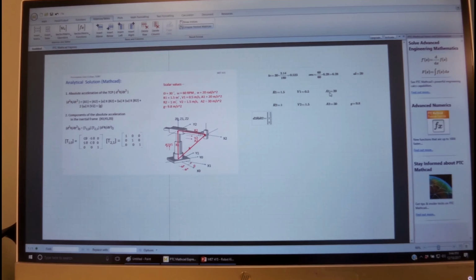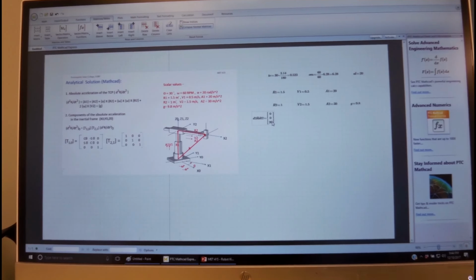So we come over here and put A1 is in the x direction. So A1 will be 20, and this will be 0 and 0. And then we have a vector we have to add to it.